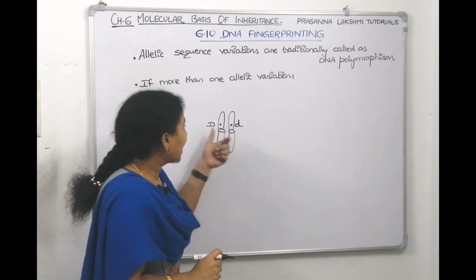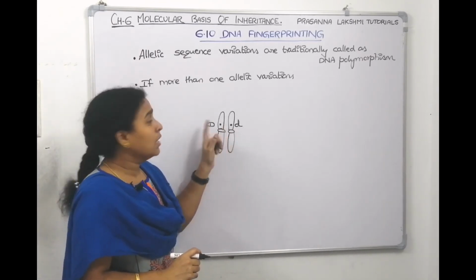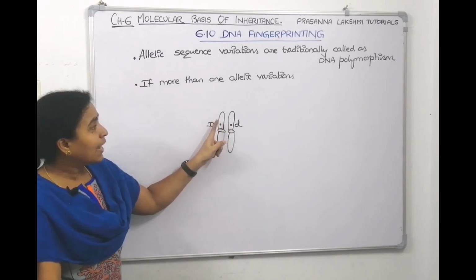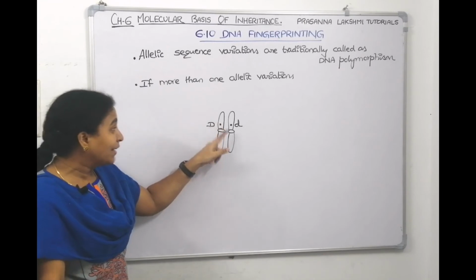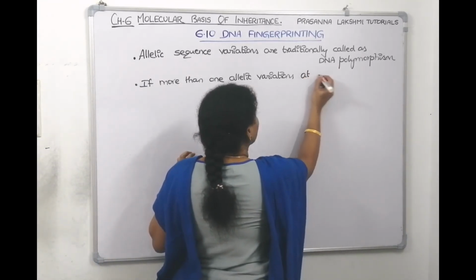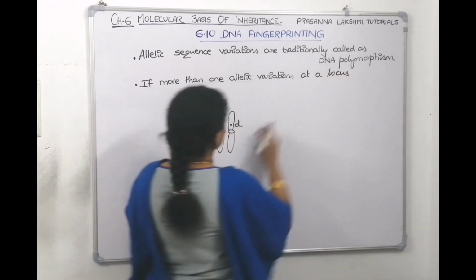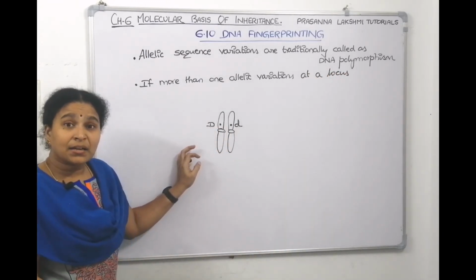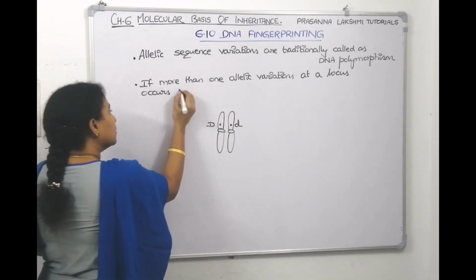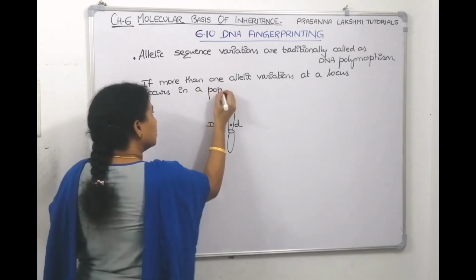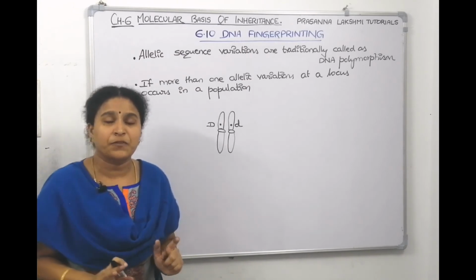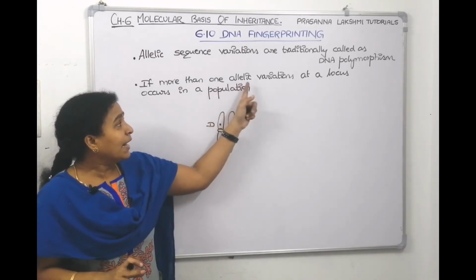So these are the capital form of an allele and the small form of an allele. They are present at the same locus, right? If more than one allelic variation at a locus occurs in a population, where we have to tell the frequency, how much percent of frequency. What is an allele?